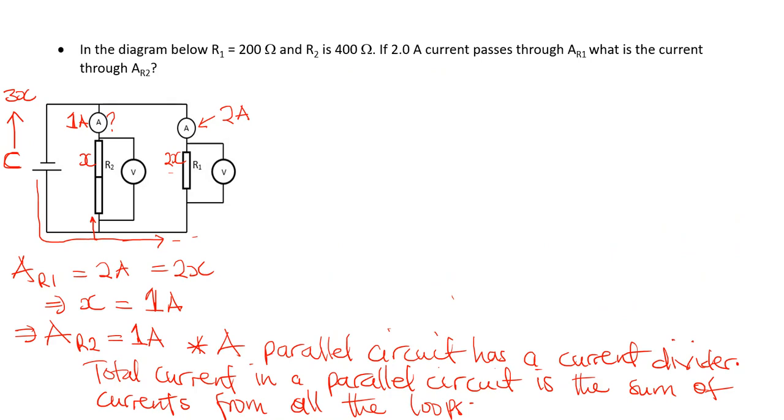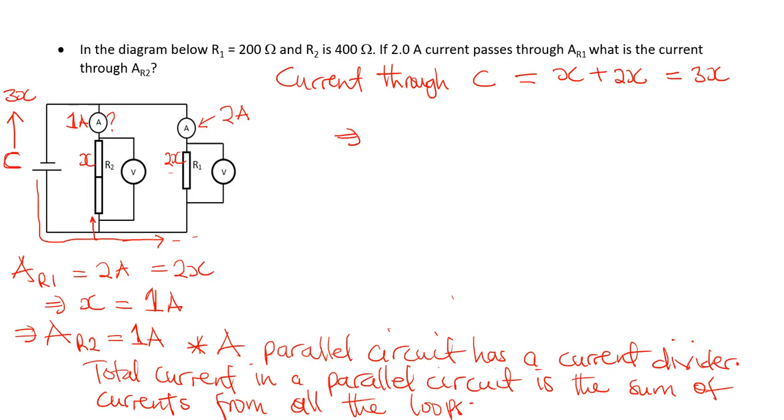So current through C should be given by x plus 2x, which is equal to 3x.